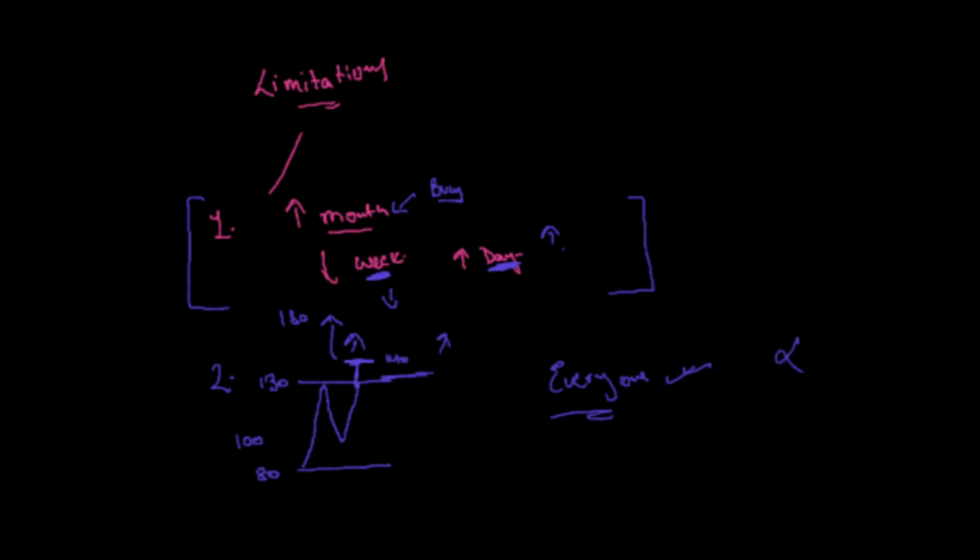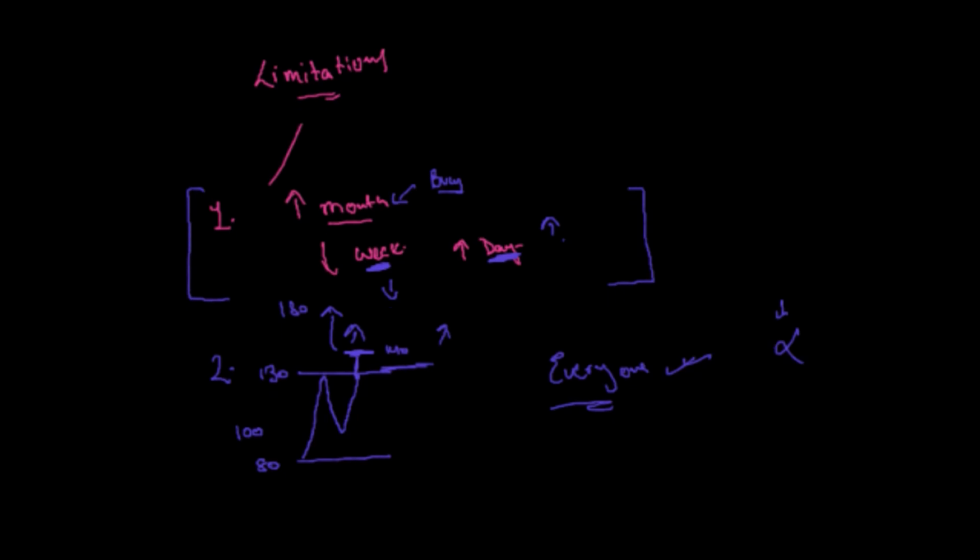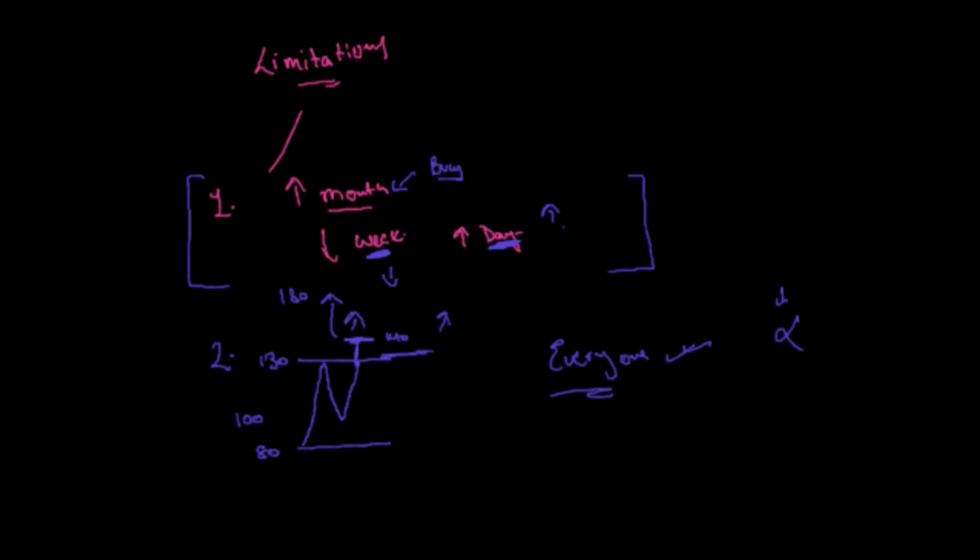Alpha means a thing that is different from others. Ideally, technical analysis is used to make your own trading strategies, but most of the trading strategies that are common to everyone would be used by everyone. So these are a few limitations of technical analysis we need to keep in mind before entering technical analysis.